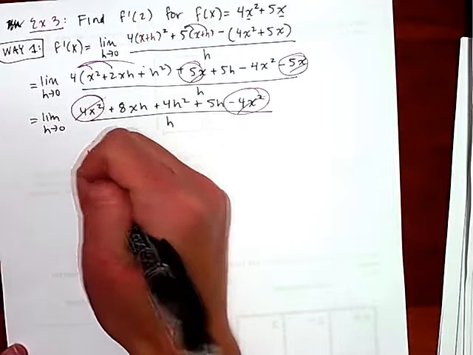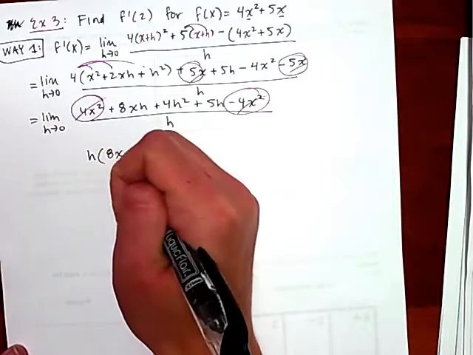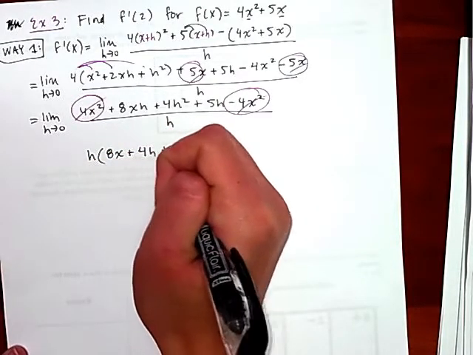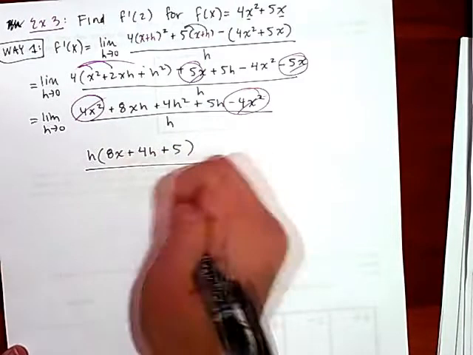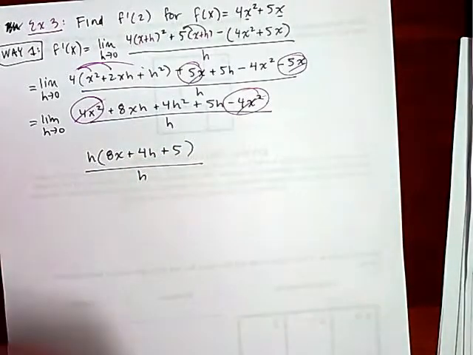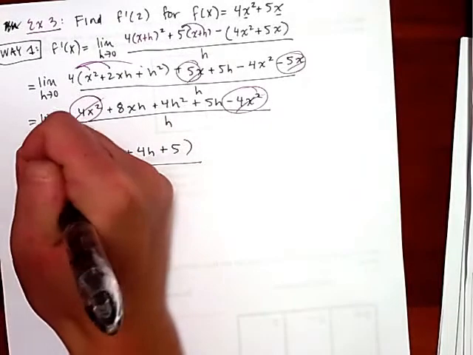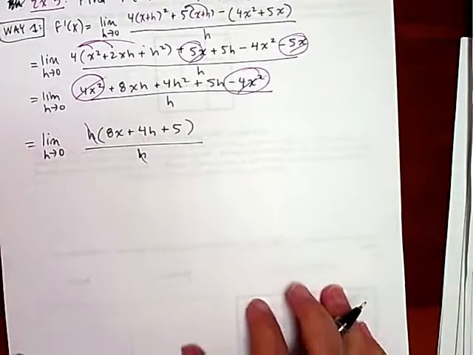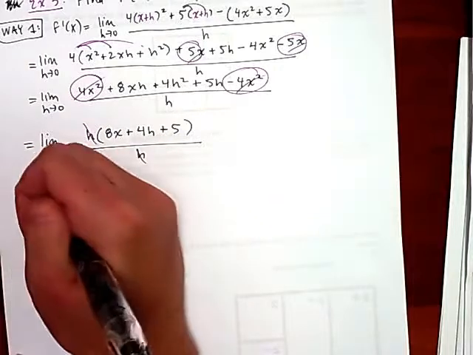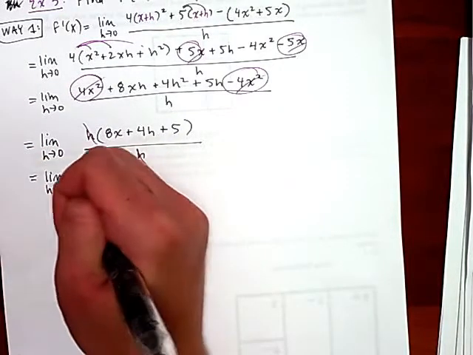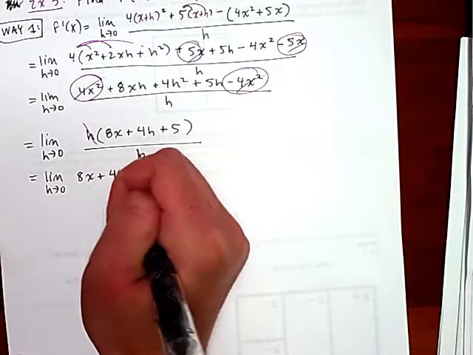So that would be h parentheses 8x plus 4h plus 5 all over h. So those cancel. Oh, I forgot to write my limit. So now I have the limit as h goes to 0 of 8x plus 4h plus 5.